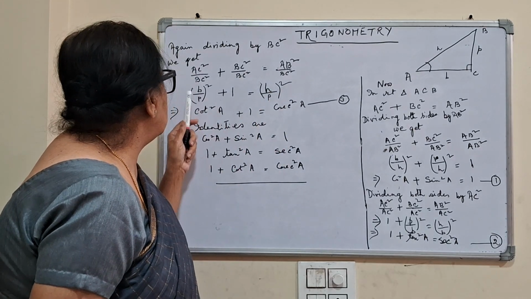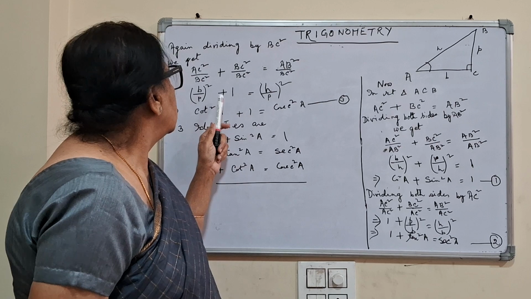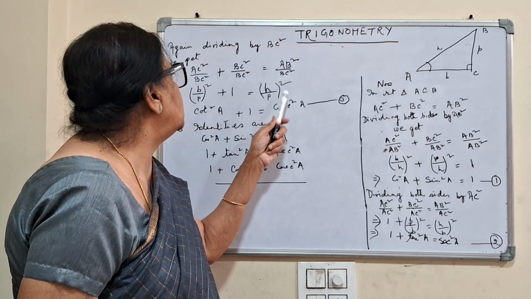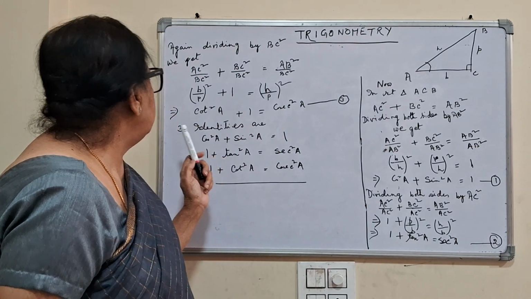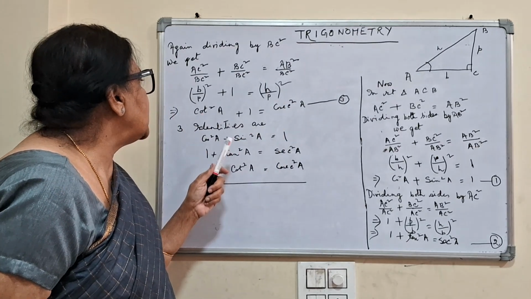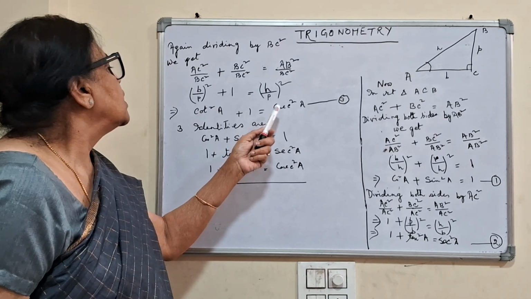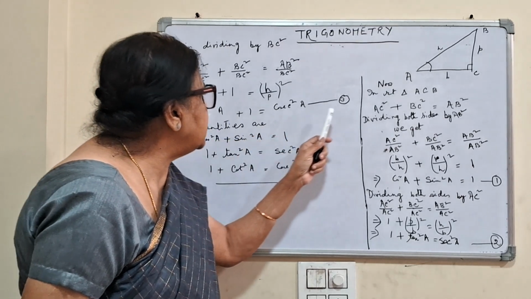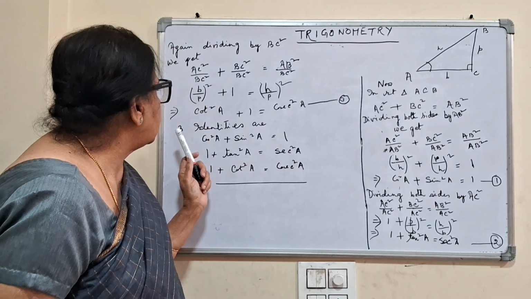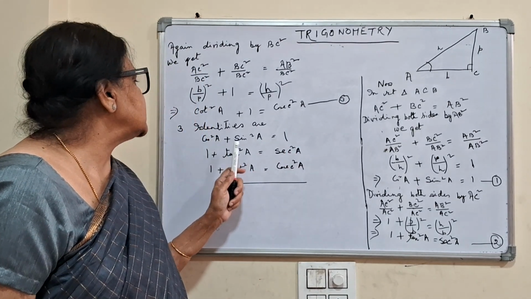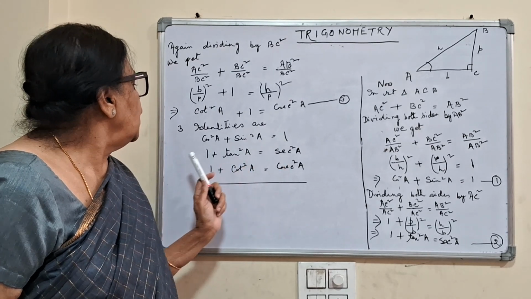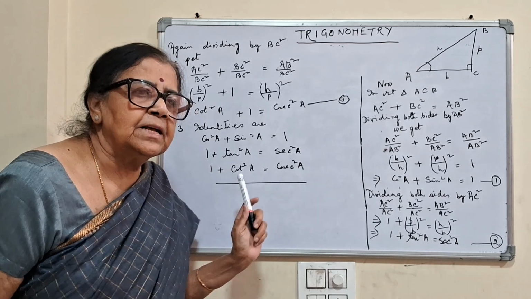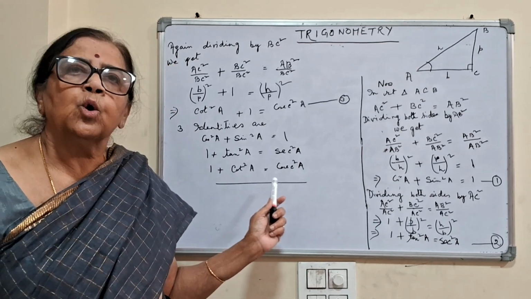That is base upon perpendicular whole square plus 1 is equal to hypotenuse by perpendicular whole square. This implies cot square A plus 1 is equal to cosec square A. This is the third identity. The three identities are cos square A plus sin square A is equal to 1, 1 plus tan square A is equal to sec square A, and 1 plus cot square A is equal to cosec square A.